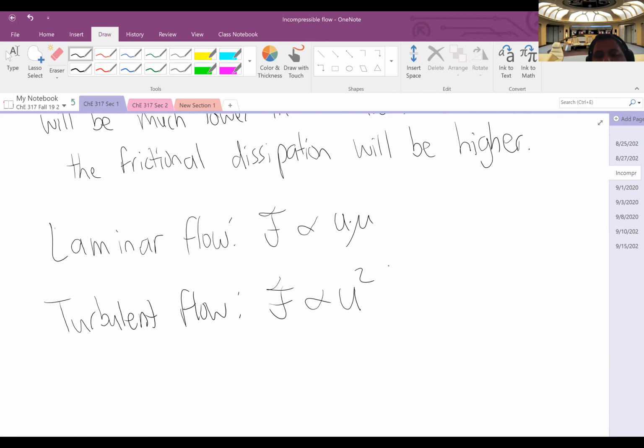And so you can kind of see from this that increases in flow velocity will have a much more dramatic effect on our energy dissipation in turbulent flow as compared to laminar flow. And at the same time, our frictional dissipation becomes independent of our flow viscosity.